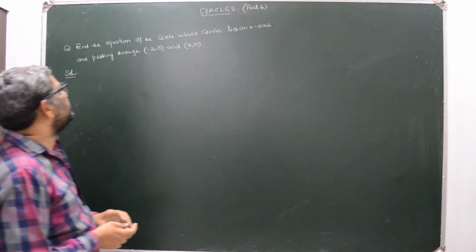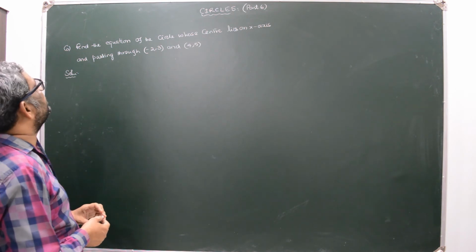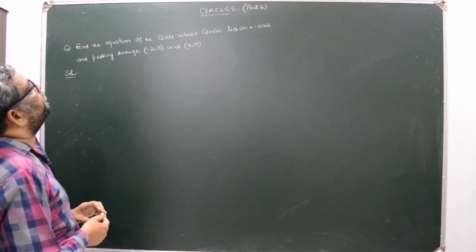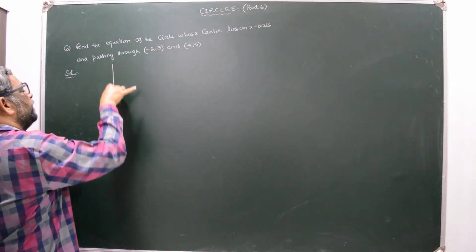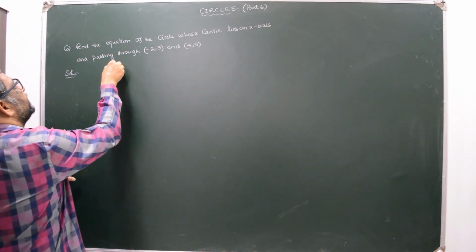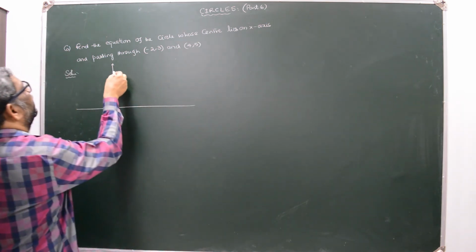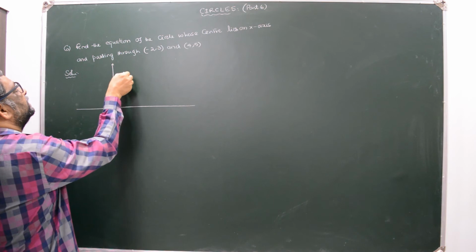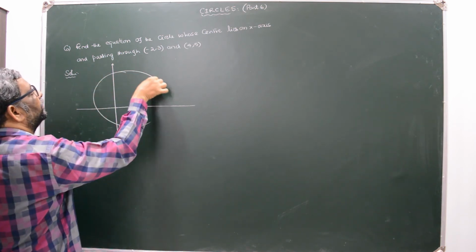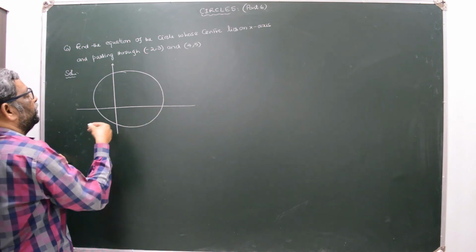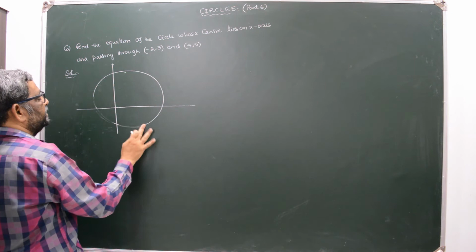The next question is, find the equation of the circle whose center lies on the x-axis and passing through the points minus 2 comma 3 and 4 comma 5. For example, if you consider the coordinate axis like this, let this be the circle whose center lies on the x-axis.